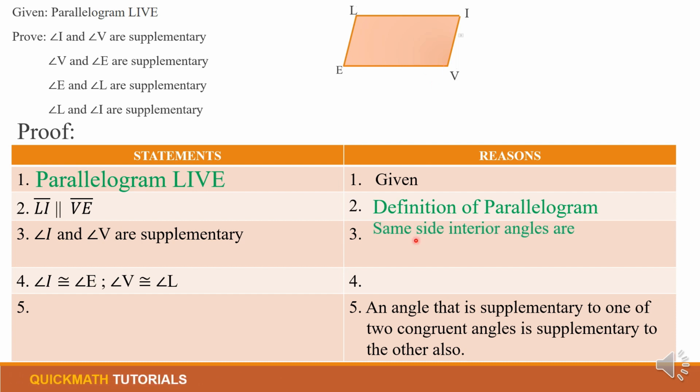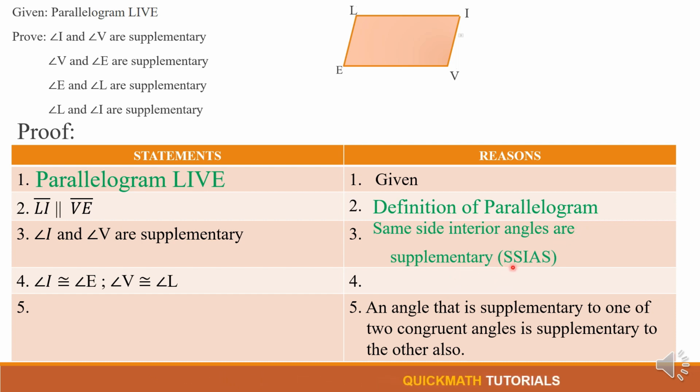The reason is same side interior angles are supplementary, or in symbol, SSIAS. This is only applicable if the two opposite sides are parallel. Since these two opposite sides are parallel, these same side interior angles are supplementary.